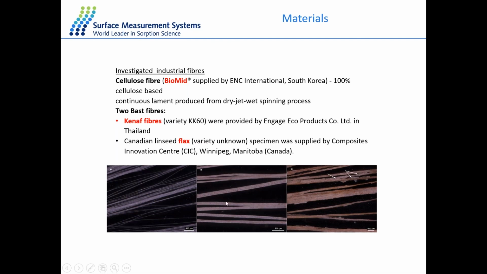And these are the corresponding SEM images that we've obtained. You can already see that the industrialized cellulose fiber has been processed, and it looks a lot finer and a lot more homogeneous compared to the natural fibers.